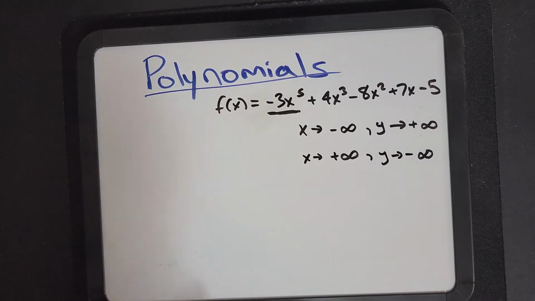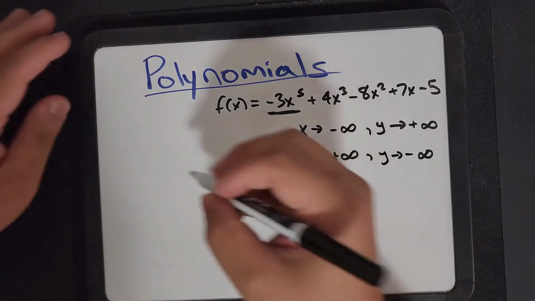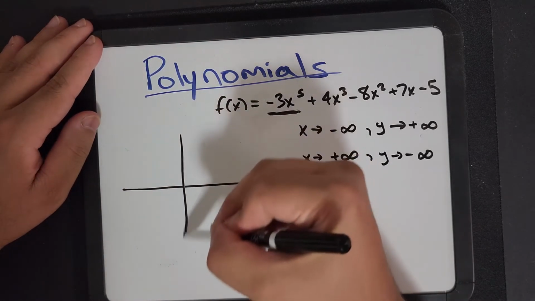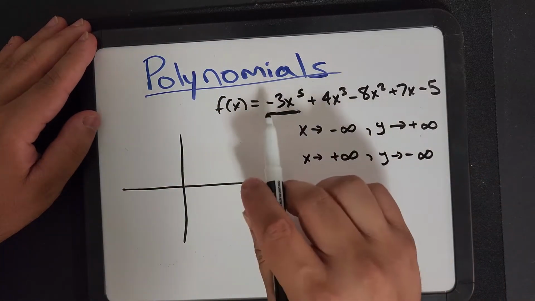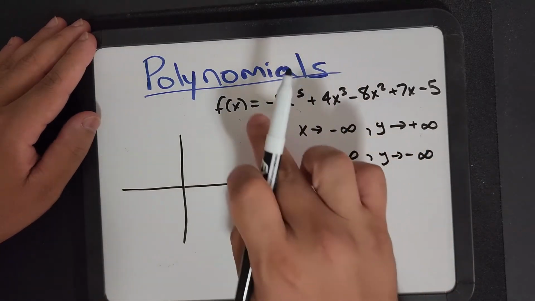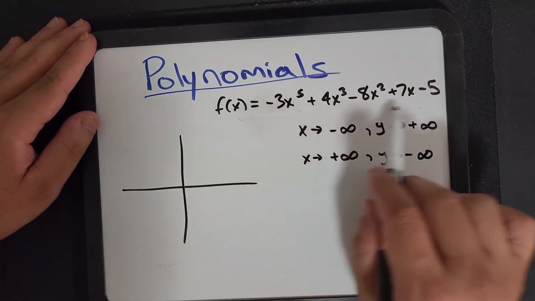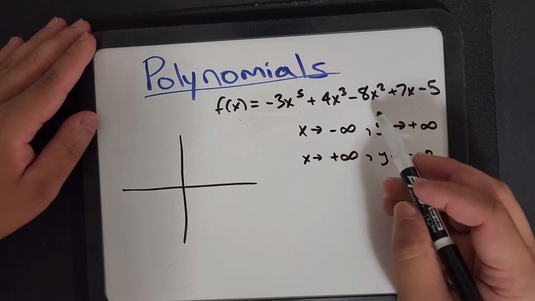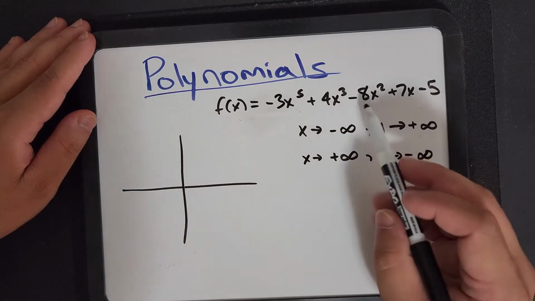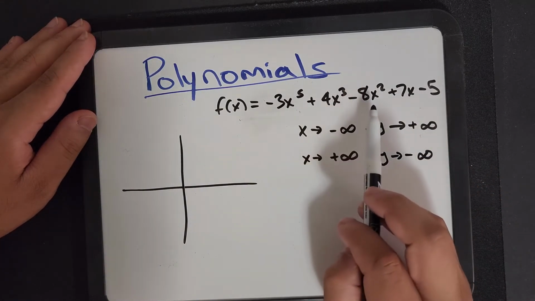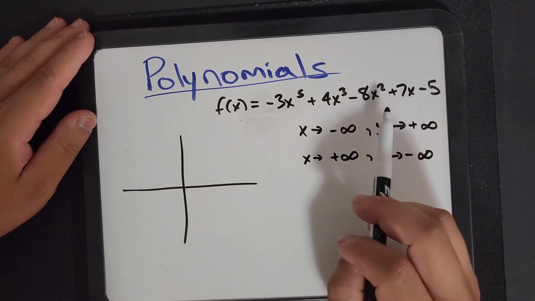Let's just draw this out again. So when we look at the zeros of this, if we were to factor this completely, we have 1, 2, 3, 4 of these.